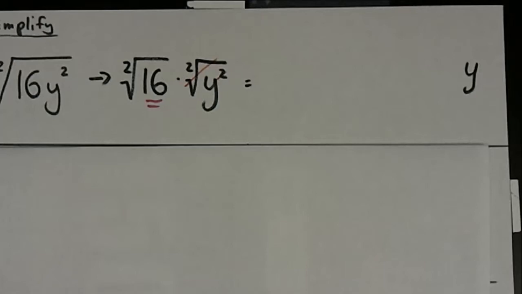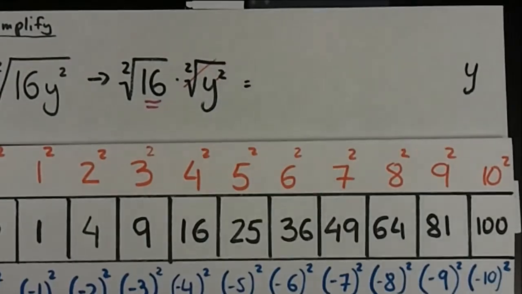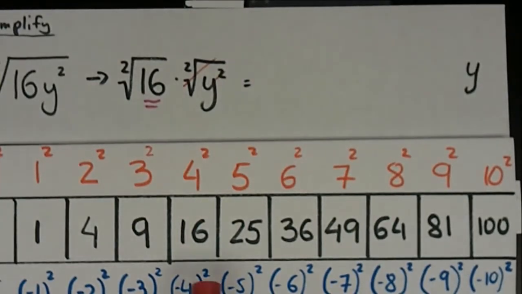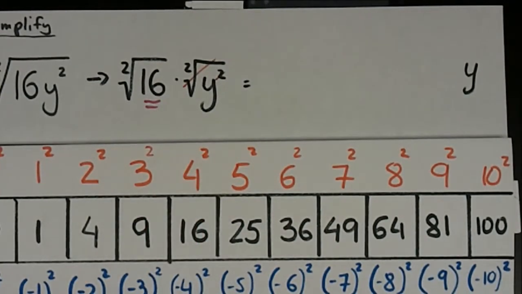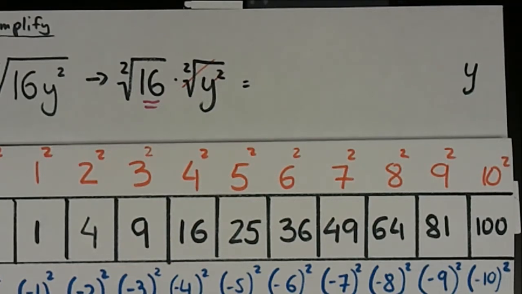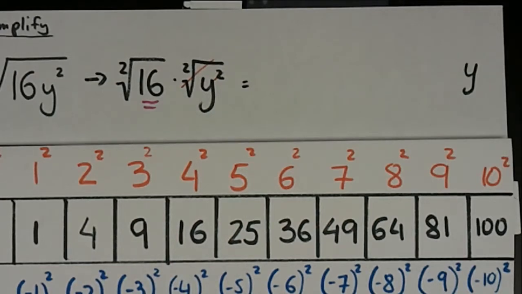Now remember that chart, you had two possibilities. A 16 can be written as a 4 to the second power and a negative 4 to the second power. So I can have two possible ways to get that perfect square of 16.